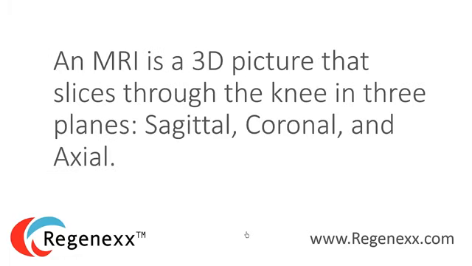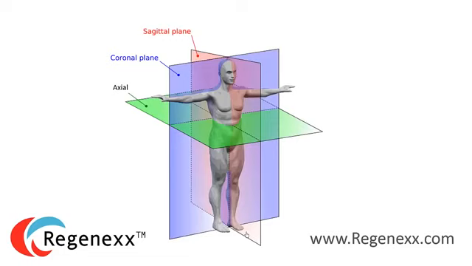So an MRI is a 3D picture that slices through the knee in three planes: sagittal, coronal, and axial. And if you look at that, the sagittal plane, as shown here, is a saw you in half view from the side, so sort of a side view. The axial plane is a traditional saw you in half type view, and the coronal plane is from the front.